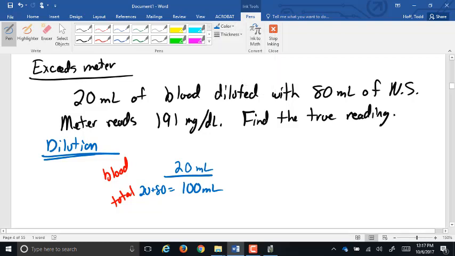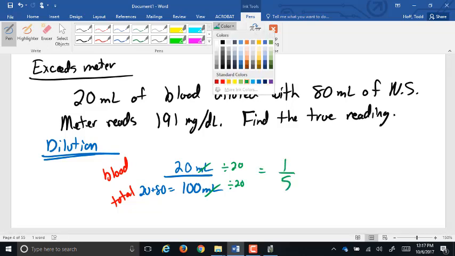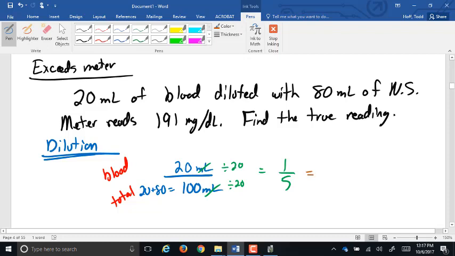So we cancel out the milliliters, and yes, both of those can divide by 20, get a 1 in 5. So that's the dilution. So we use that 1 in 5 dilution with the 191 milligrams per deciliter, which gives us 955 milligrams per deciliter.